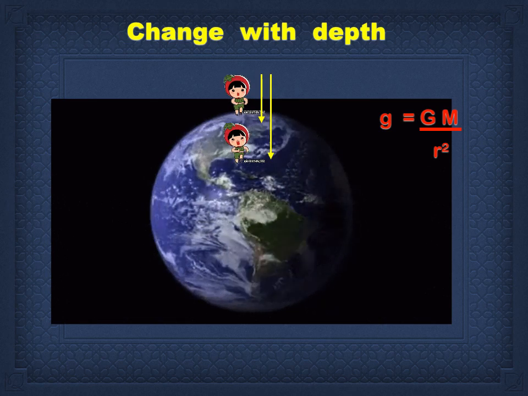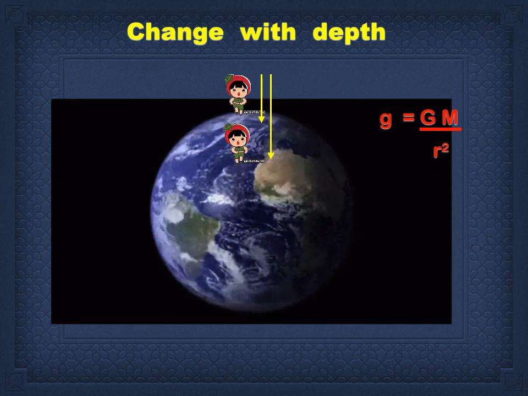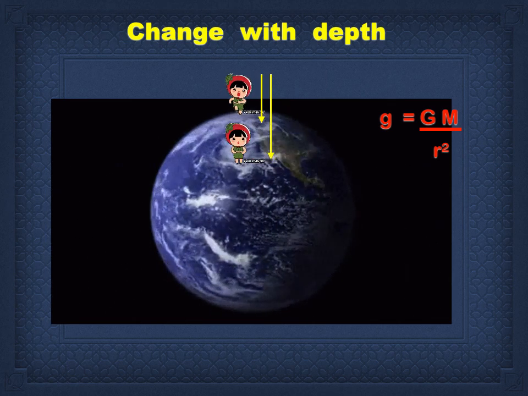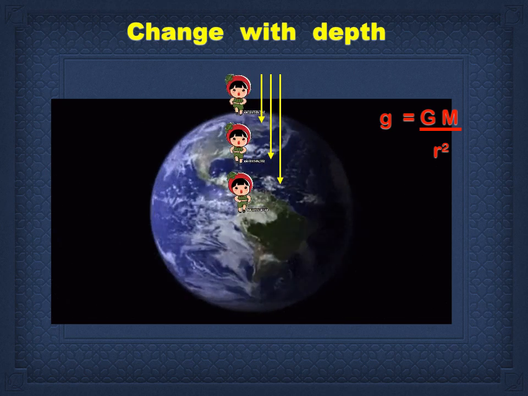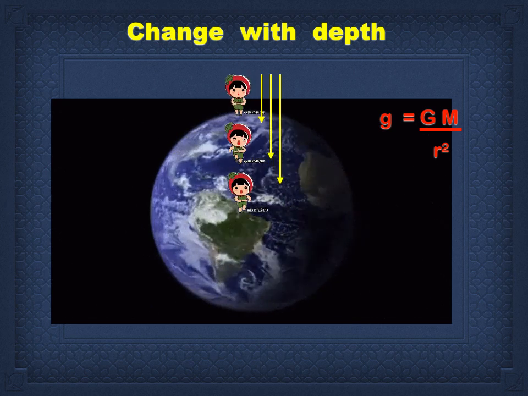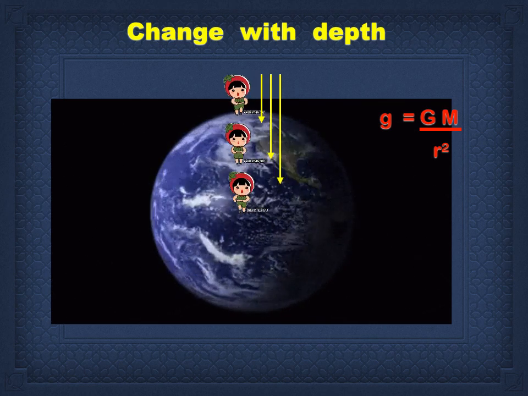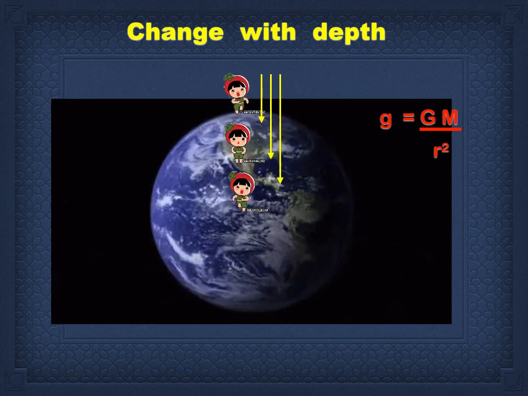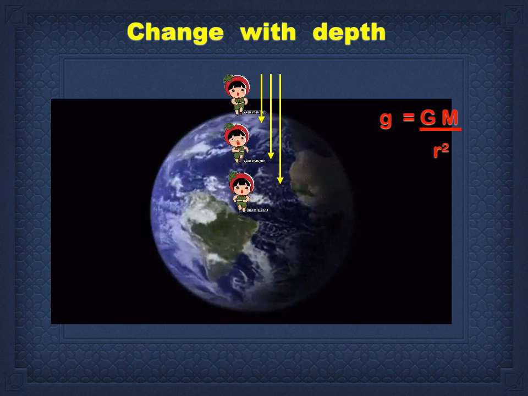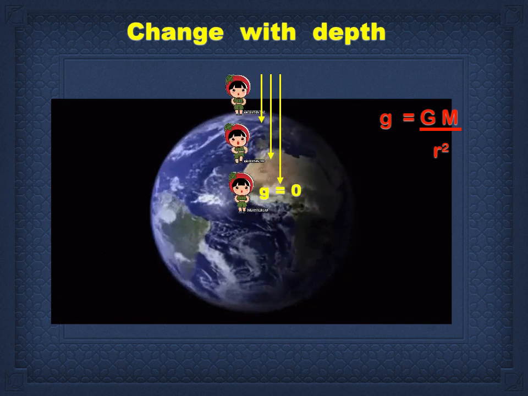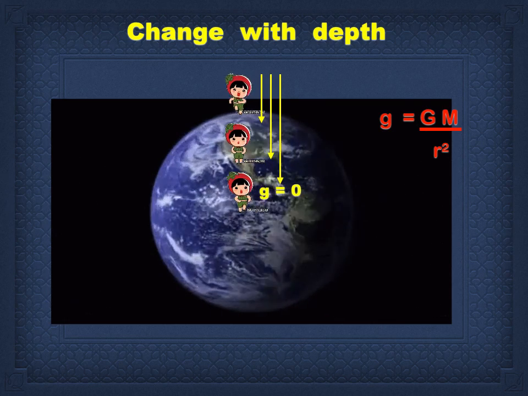So if M decreases, the value of acceleration due to gravity decreases. So with the combined result of change in r and M, the value of G decreases as we go deep inside the earth. So as we move deep inside the earth, the value of acceleration due to gravity decreases, and at the center of the earth, the value of G is equal to 0.